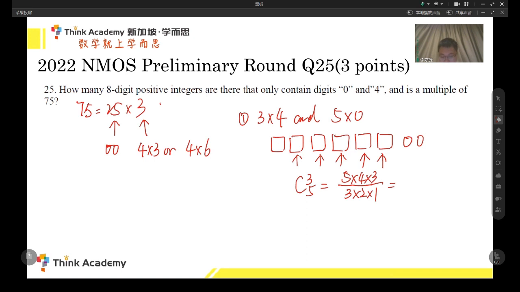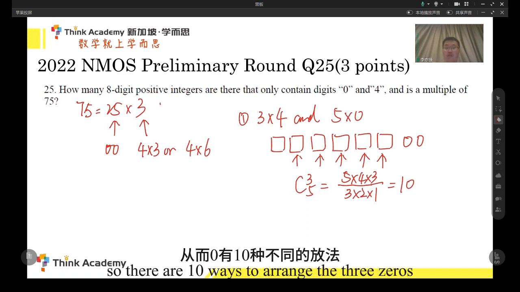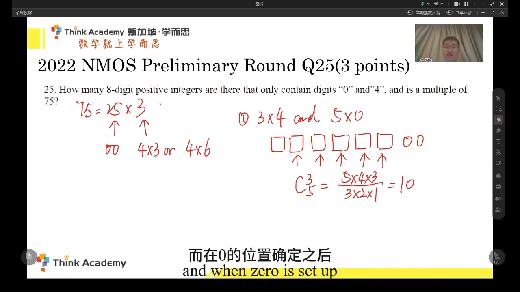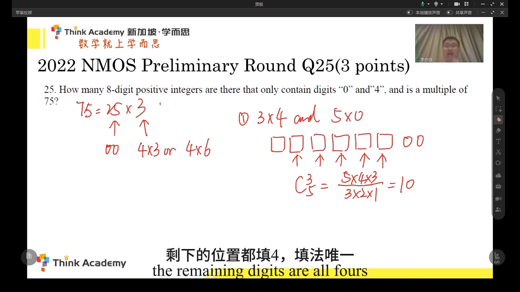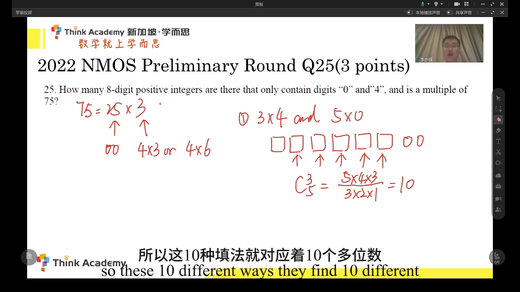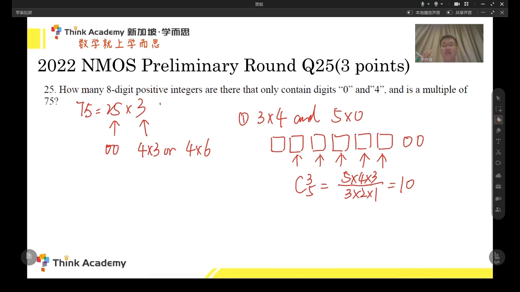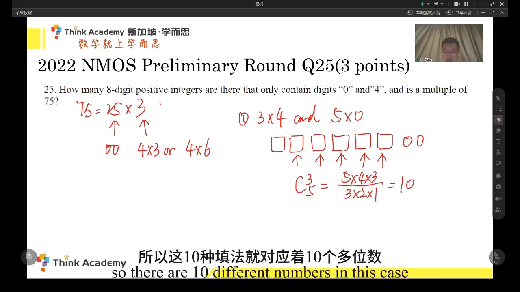So the answer is 10. So there are 10 ways to arrange the 3 zeros, and when the 0s are set, the remaining digits are all 4s. So these 10 different ways define 10 different numbers in this case.